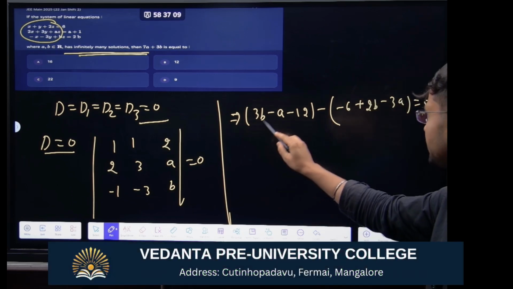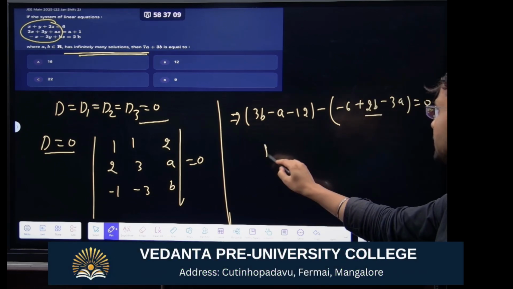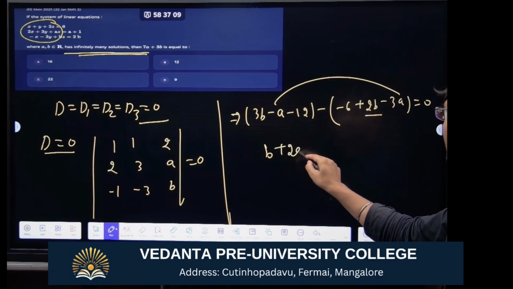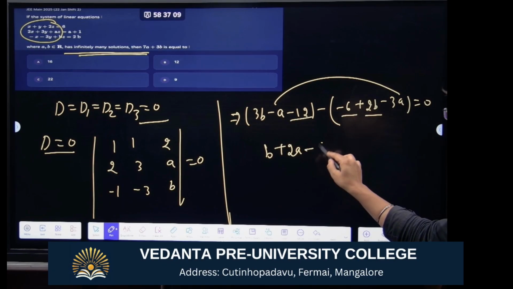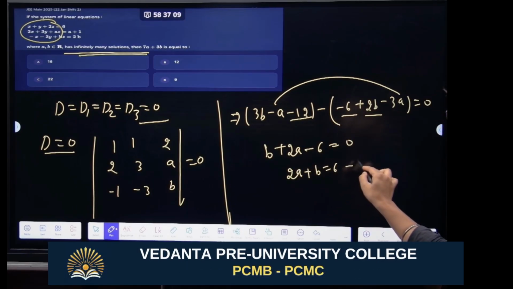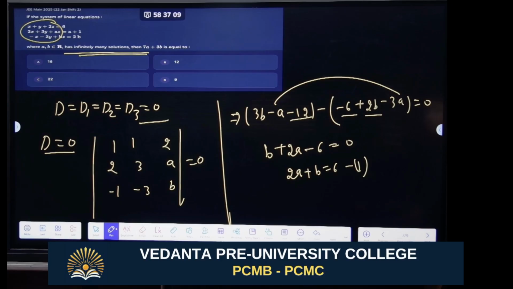So 3B plus 2B is B, minus A plus 3A will be plus 2A, minus 12 plus 6 will be minus 6. So 2A plus B minus 6 is 0. So there will be one relation between A and B by putting D equal to 0.